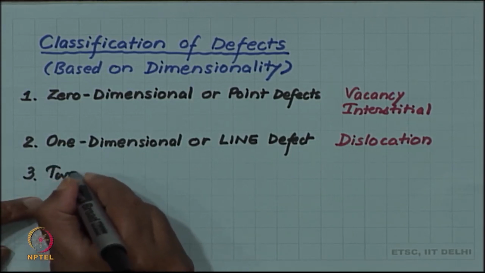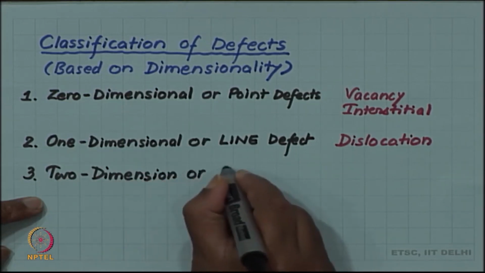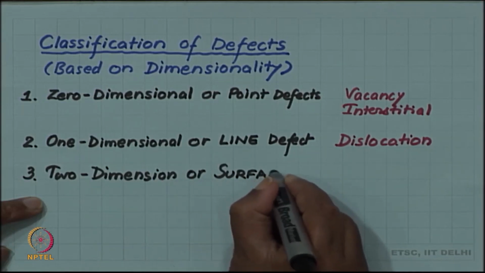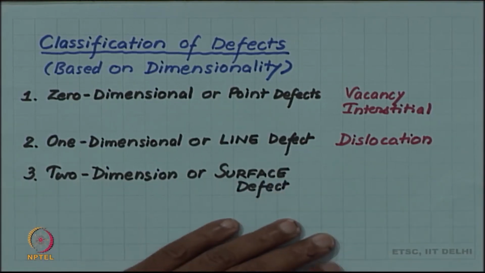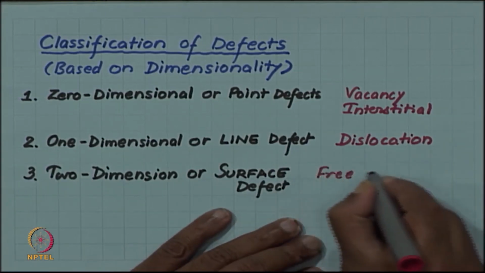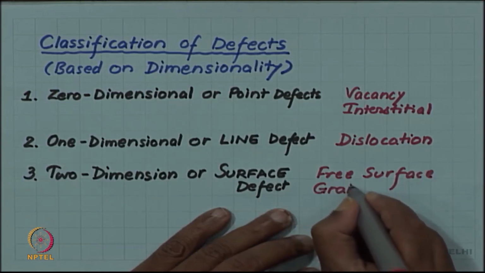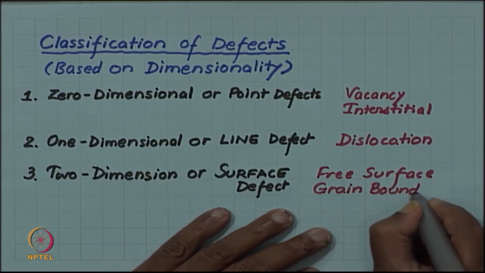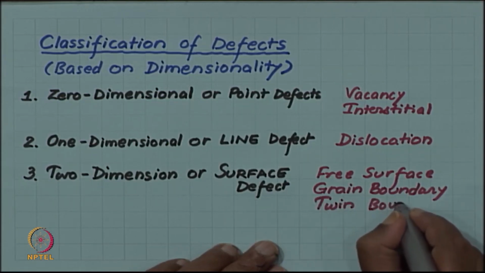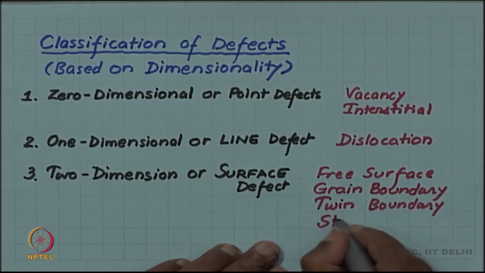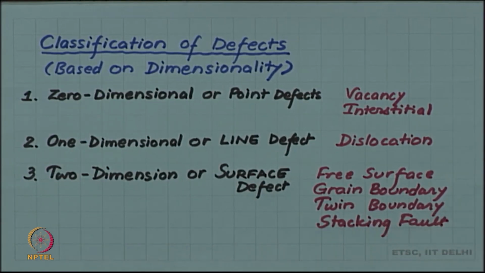We can have two dimensional or surface defect, and some examples will be free surface, grain boundary, twin boundary, stacking fault, all these are examples of surface defect.